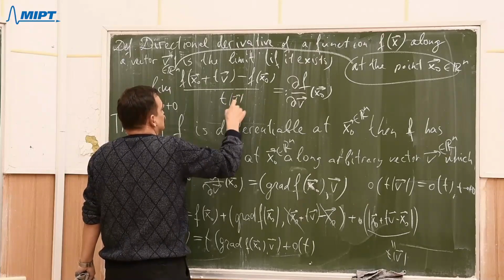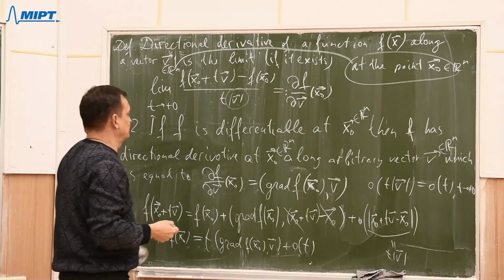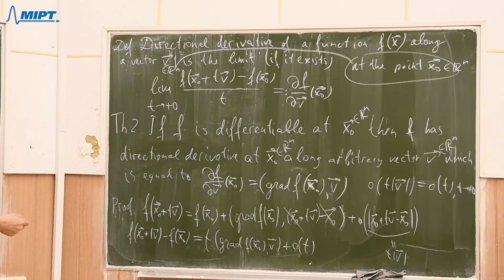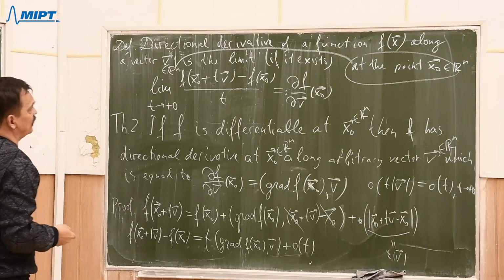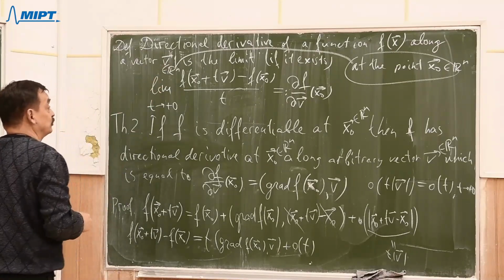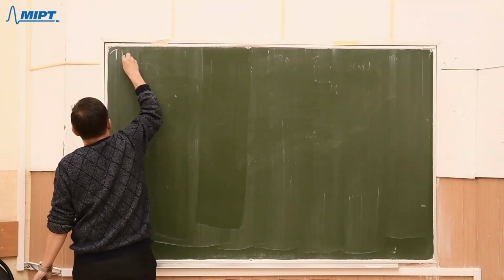So sometimes this number is added to the definition. I don't want to do it. So without that, and of course, two versions of the definition of directional derivative coincide for vectors v of unit length. And that is in fact the most important case, of course. Now I can formulate theorem 3.